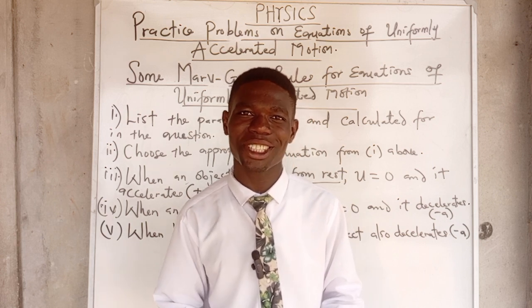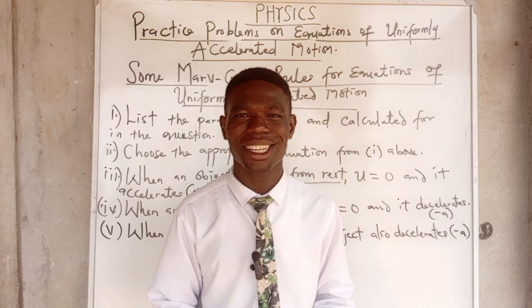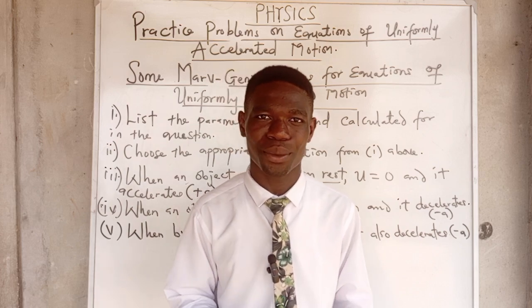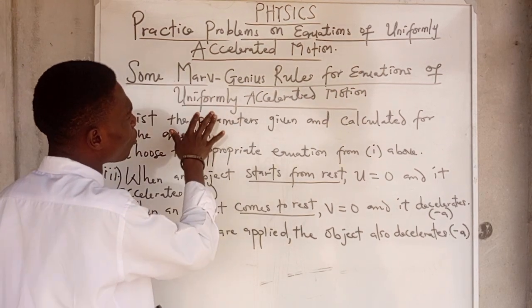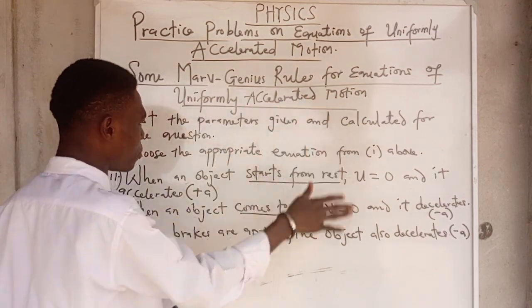And Map Genius, as always, have prepared some rules for you. So some Map Genius rules for equations of uniformly accelerated motion.